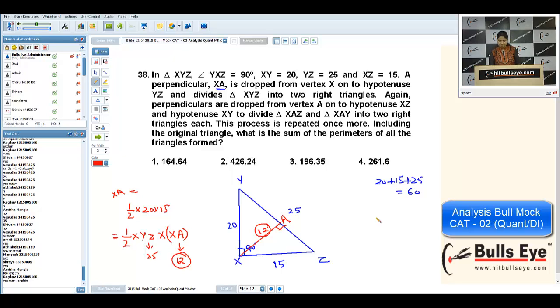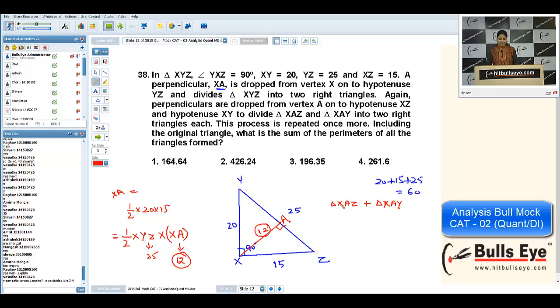Now at stage 1, we have 2 triangles: XAZ plus triangle XAY. If I consider the perimeters of XAZ and XAY, I am not going to find AZ and AY.